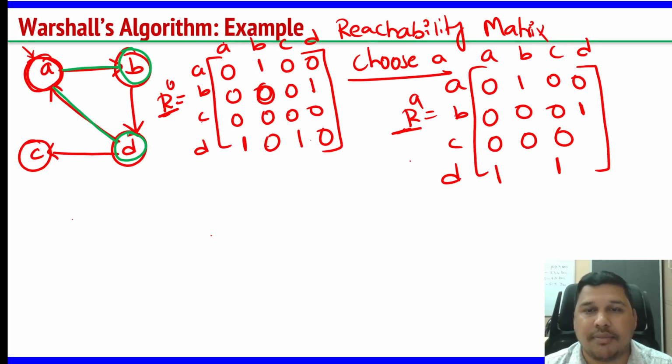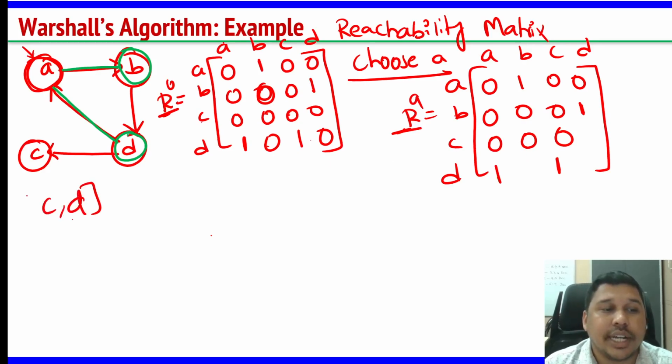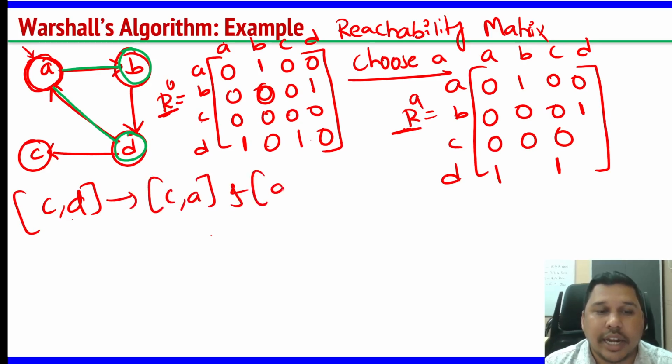Can we have a path? That we are trying to see. Then C to D. Here it is C to A and A to D. C to A is 0 and A to D is 0. So no, it is not possible to have a path. 0.